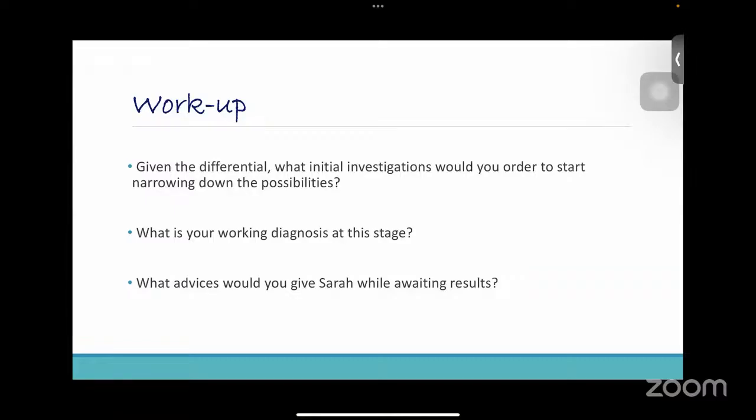And we should also emphasize the importance of follow-up in every patient. We should emphasize that they should come back to the clinic, even if the initial diagnosis is somehow reassuring.